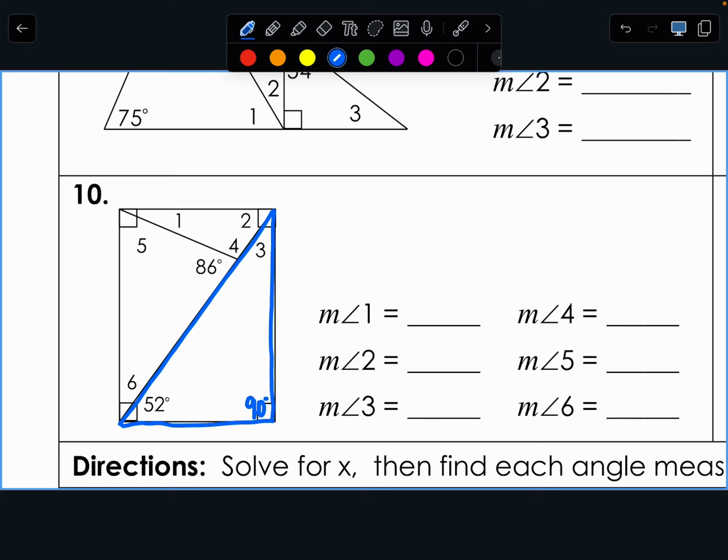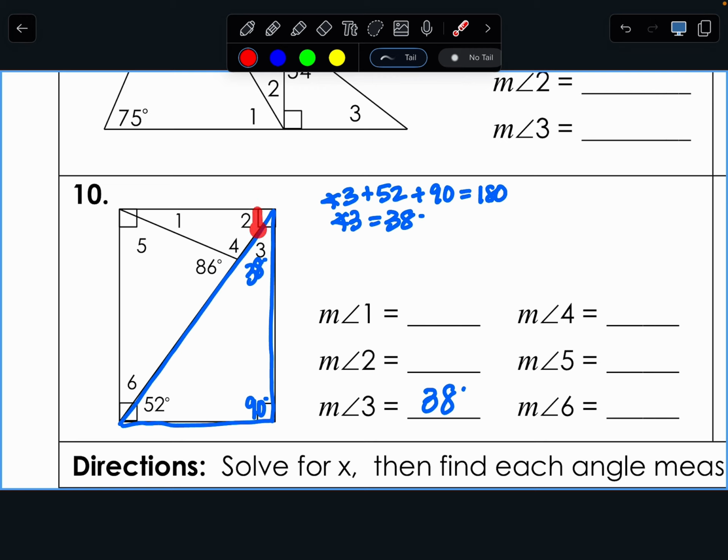I have two of them, so I can say that angle 3 plus 52 plus 90 equals 180. So angle 3 equals 38. How does that help me go on?